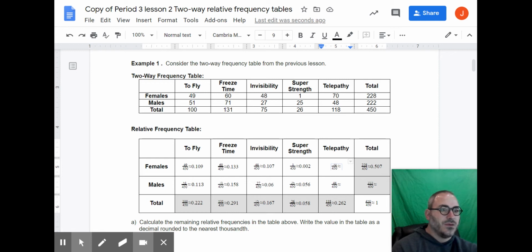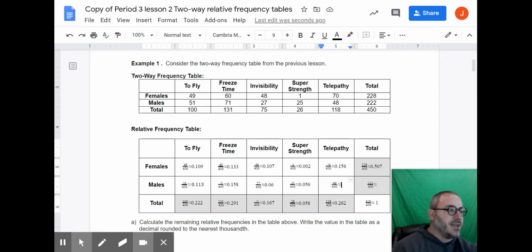There were 70 total females that wanted telepathy out of 450 respondents. That's going to be 0.155 repeating. And when I round that, it's going to be 0.156, right? The 5 rounds up because there's a 5 in the 10,000ths place.